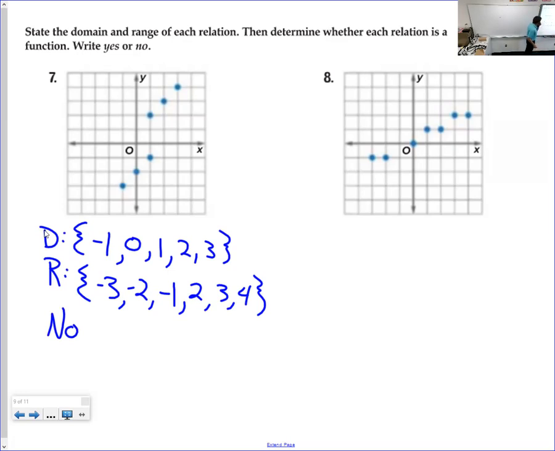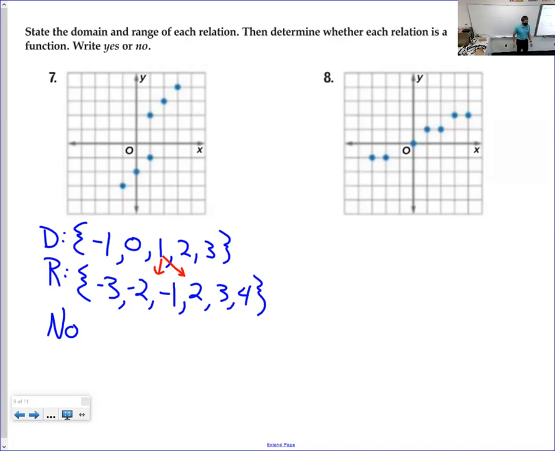So what we have is one number in the domain. That number is 1, going to 2 different numbers in the range that are -1 and 2, right? So this number in the domain goes to both of those 2 numbers.